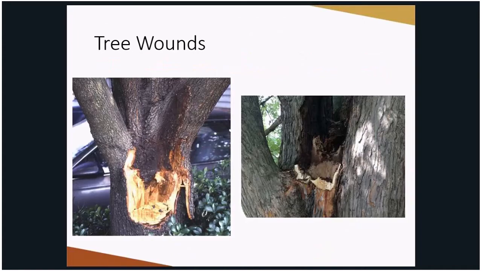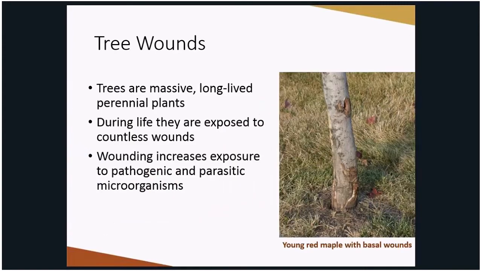So now let's talk about tree wounds, and they can happen for a variety of reasons. In both of these cases here, it was a limb that broke out of a tree, but there are other ways they can happen. We've probably all seen examples like the injury to the trunk on this maple tree, probably from a mower. But during a tree's life, they are exposed to countless wounds.